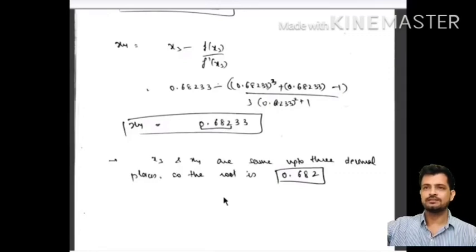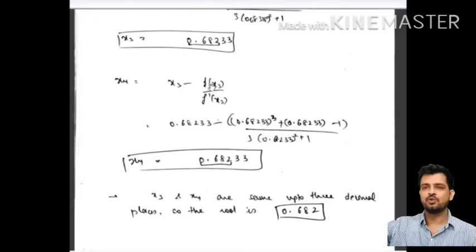So here you can see the value of x3 is 0.682 and the value of x4 is 0.682, right? The digits after the first 3 digits may be anything. If they are different, we are not concerned with that. We are only interested in the first 3 digits after the decimal point. If the first 3 digits are the same, then we have to stop the calculation, right?